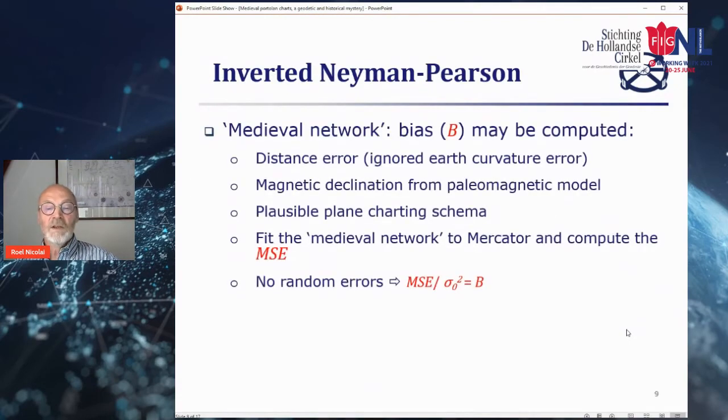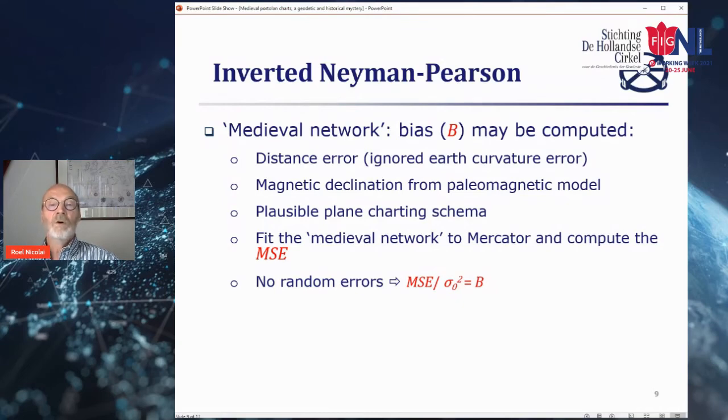Back to our simulated medieval networks. In this case, we know what the errors are. The distance errors due to ignored Earth curvature can be calculated exactly, and the ignored magnetic declination has already been estimated from a model.